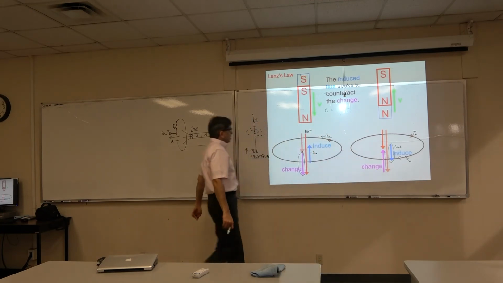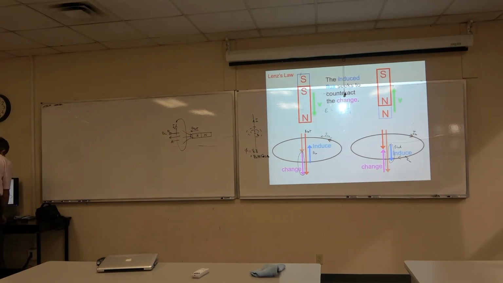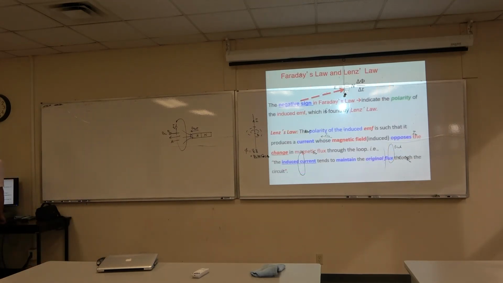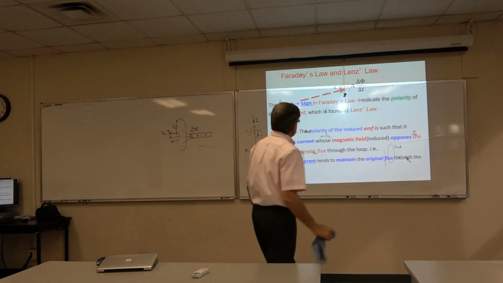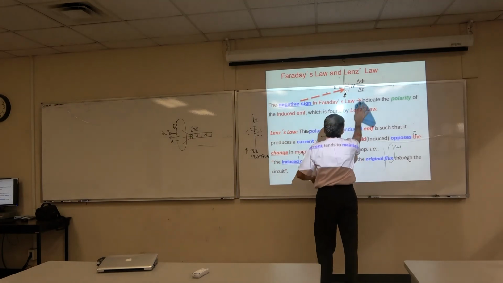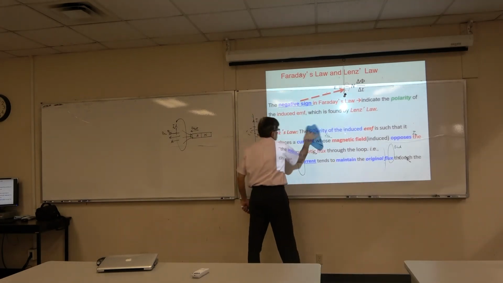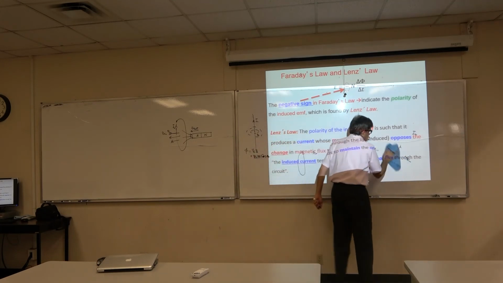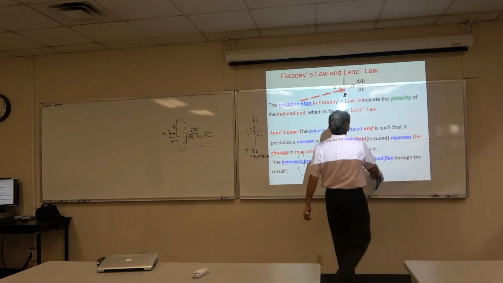Alright? Now, how do we include this change in Faraday's law? So what we do is the following. This is Faraday's law, E is equal to N, which is the number of turns in the coil, times the change in the magnetic flux with time, right?